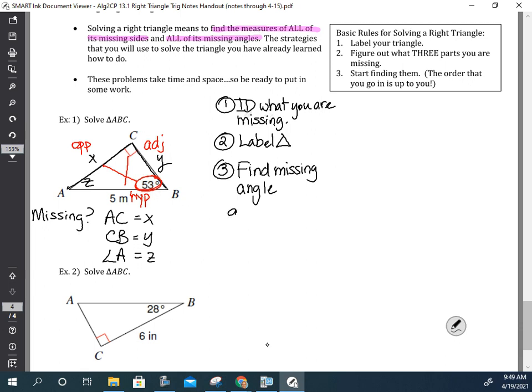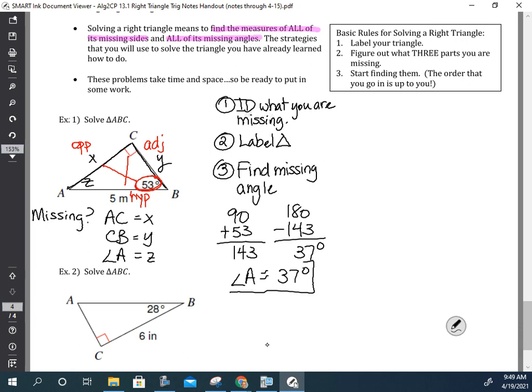So you have 90 plus 53, which is 143. 180 minus 143 is 37. So angle A is equal to 37 degrees. There's your first answer. Why do we do the angle first? Because it's the easiest answer to get. You don't want to do it first, that's your business.